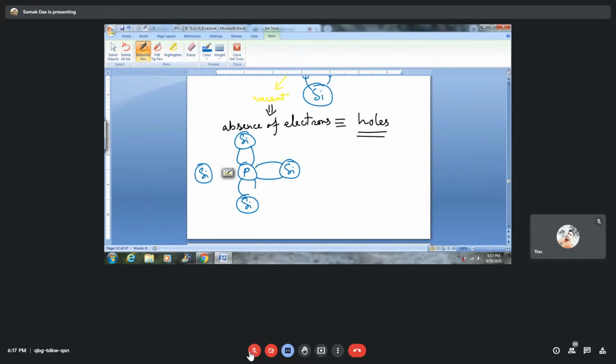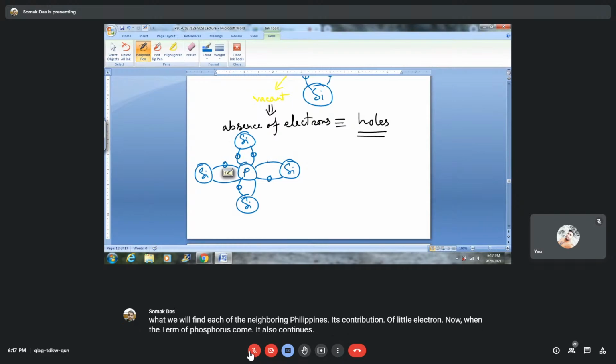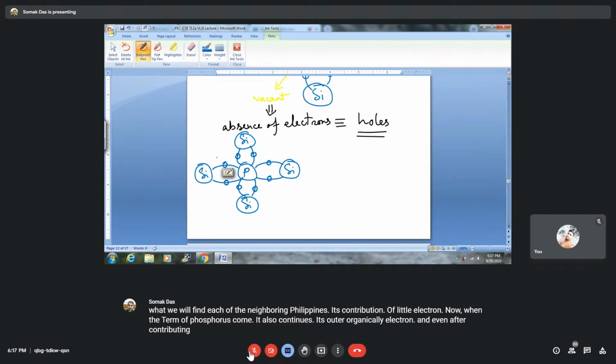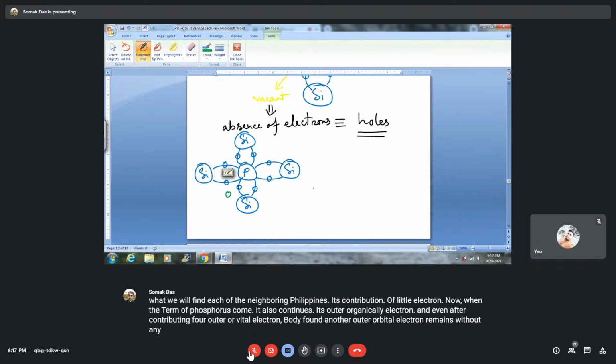So if you replace it with phosphorus and try to form the covalent bonding, what you will find is each of the neighboring silicon gives its contribution of an outer orbital electron. Now when the turn of phosphorus comes, it also contributes its outer orbital electrons, and even after contributing 4 outer orbital electrons, another outer orbital electron remains without any covalent structure.